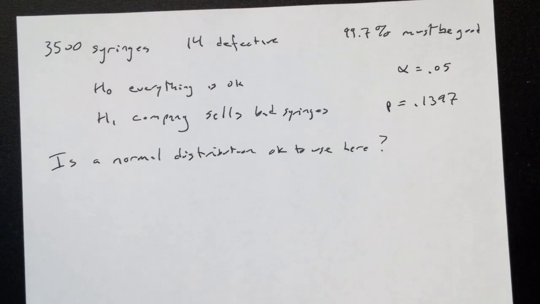But that tells us about this test. And that's still saying I used the normal distribution to get that p-value. Am I allowed to use the normal distribution? Because that's the assumption we made when we did this whole problem.